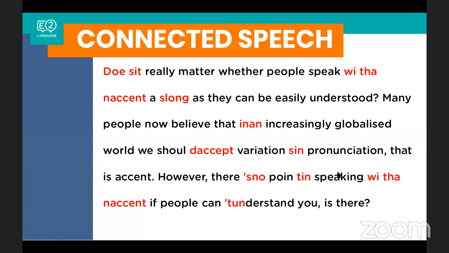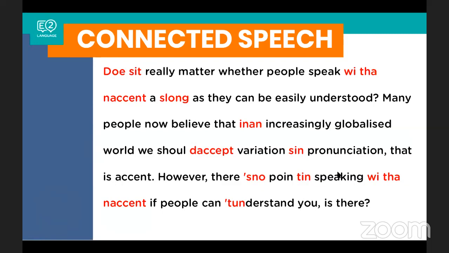Many people now believe that in an increasingly globalized world, we should accept variations in pronunciation, that is accent. However, there's no point in speaking with an accent if people can't understand you, is there?